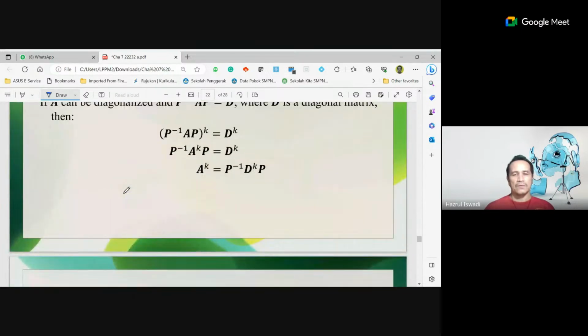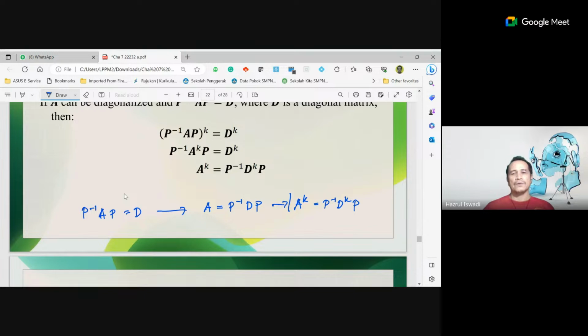If we have P inverse A P equal to D, then we will have that A is equal to P D P inverse, and then A to the power of k for any k will be P D to the power of k P inverse.